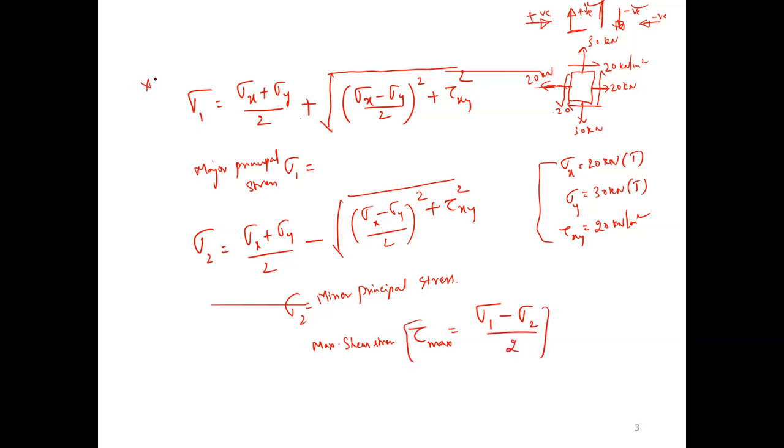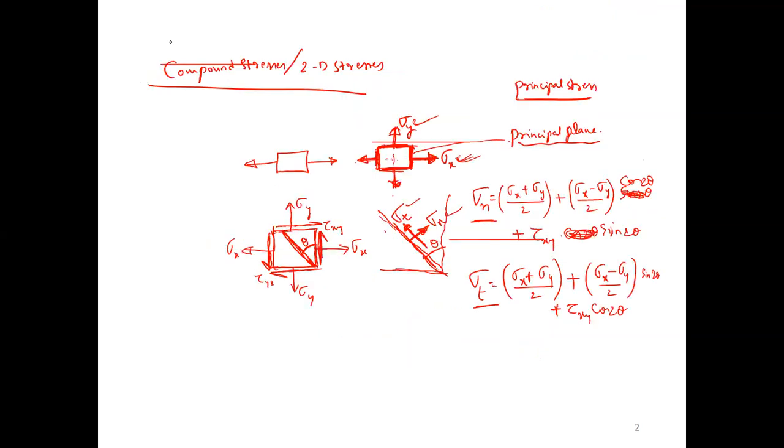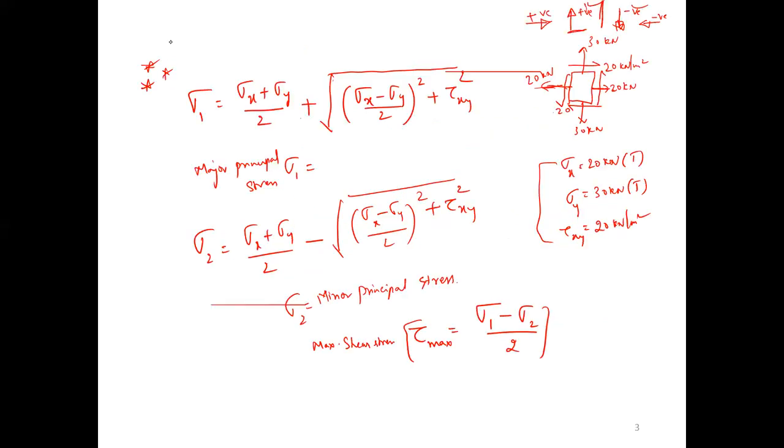These three equations are very, very important, because more or less several MCQ questions are related to these equations only. The previous equations are asked very rarely. They will ask more or less all problems on these three equations. So please remember what the major principal stress, minor principal stress, and maximum shear stress are.